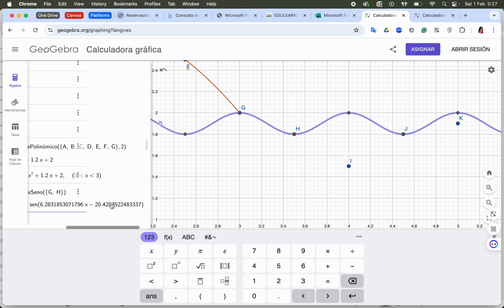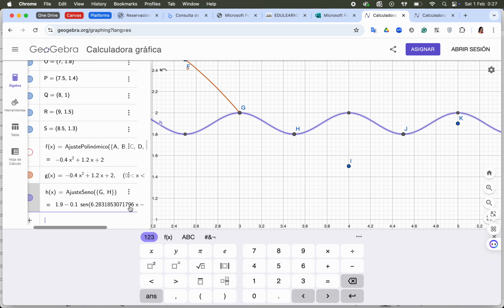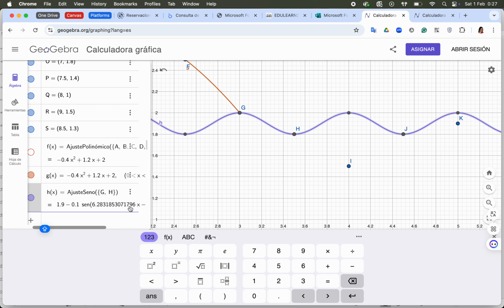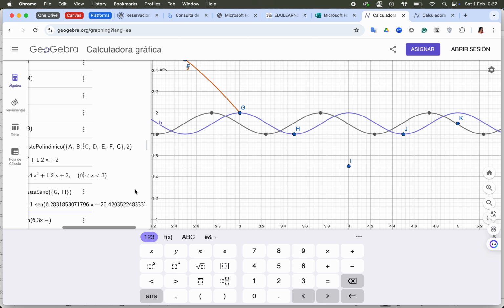So again, what is the difference here? That I have a lot of decimal numbers. I don't want that. It will be harder for the next stage. So I'm going to write 1.9, sorry, minus 0.1 sine of 6.3, I'm rounding, x minus 20.4.